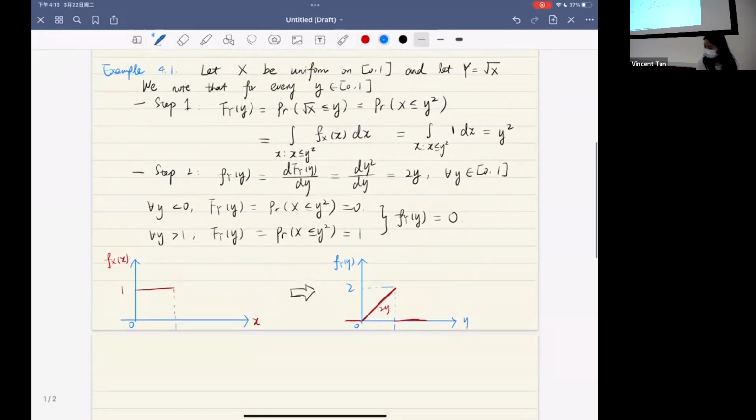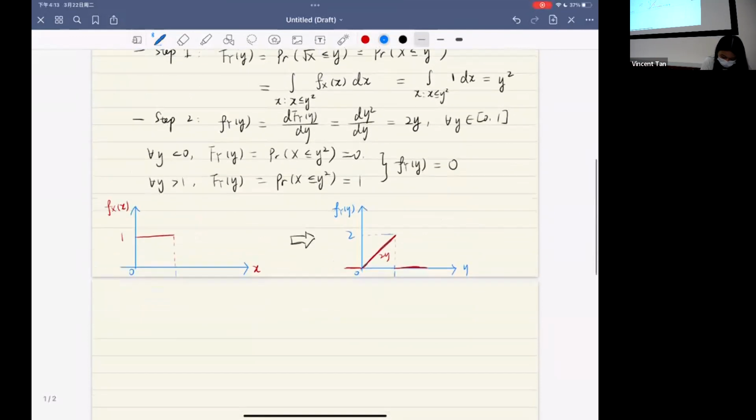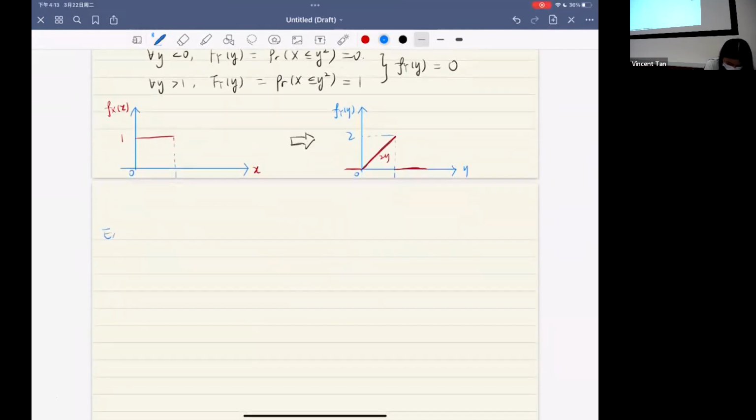Okay, so now we finish this example, and then if there is no question, we move on to the next example, a more complicated one. So let's give a scenario.